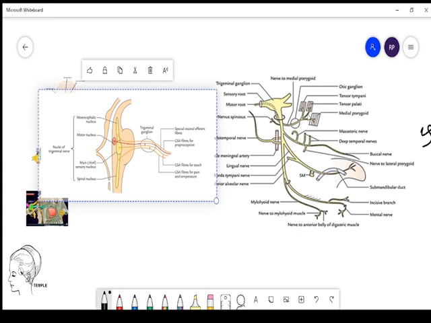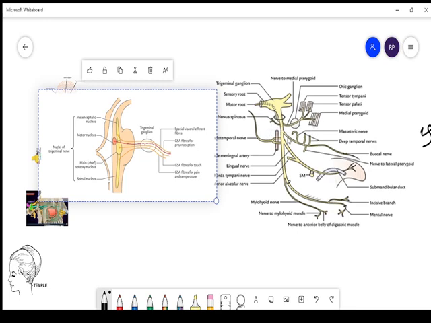And this is the nerve to medial pterygoid muscle. This nerve is connected with a ganglion known as otic ganglion. This otic ganglion is located on the medial side of the mandibular trunk, and then this medial pterygoid nerve gives branches, tensor tympani and tensor veli palatini, these two nerves.